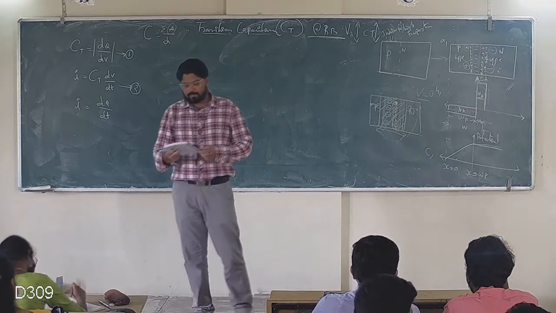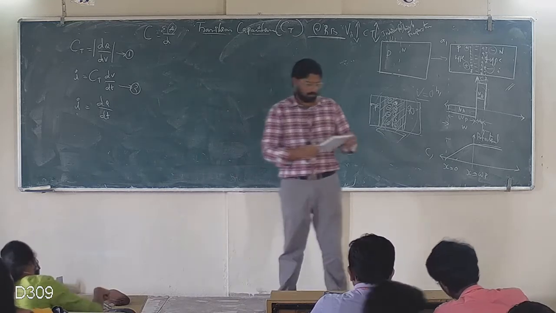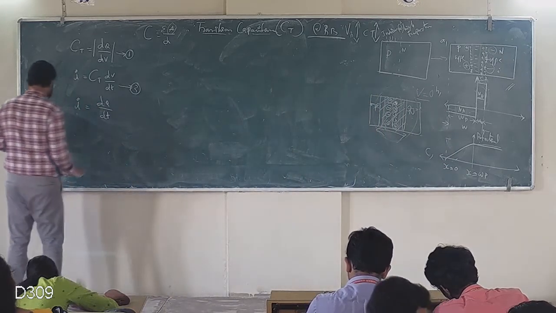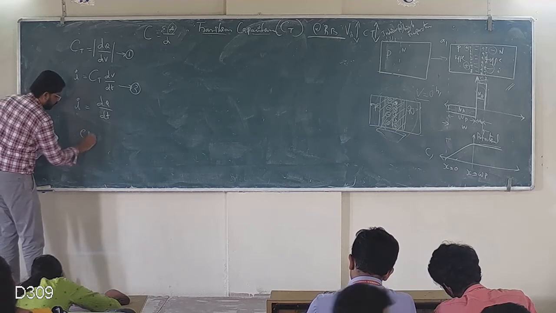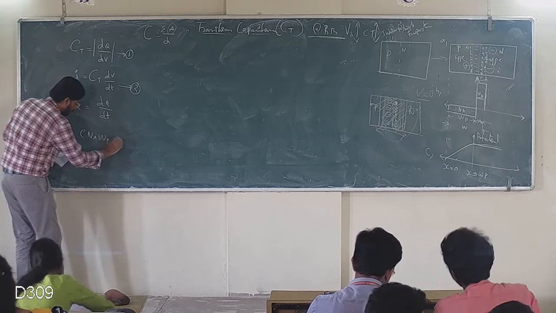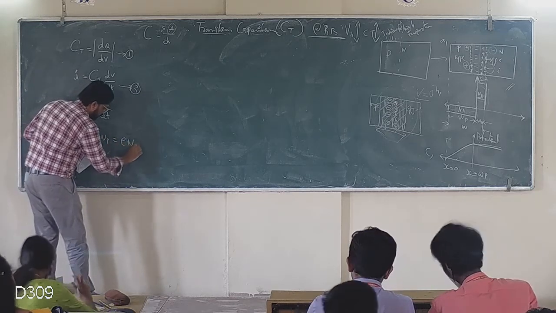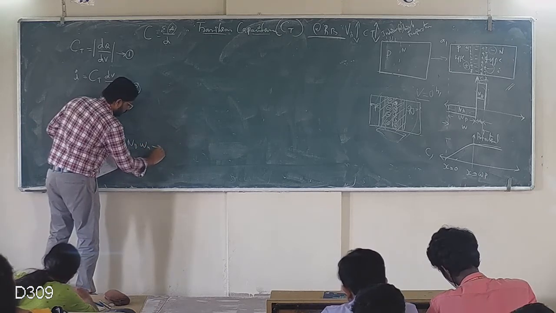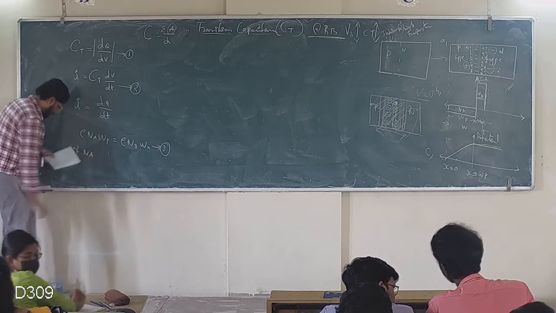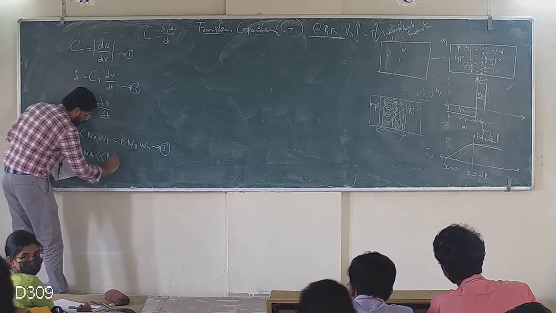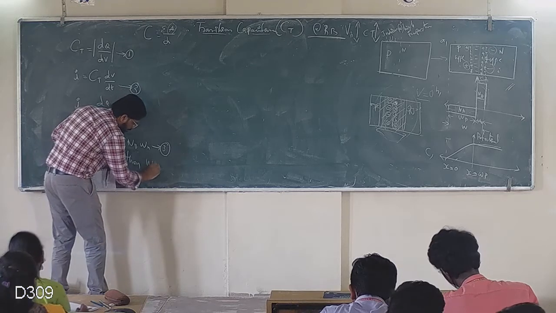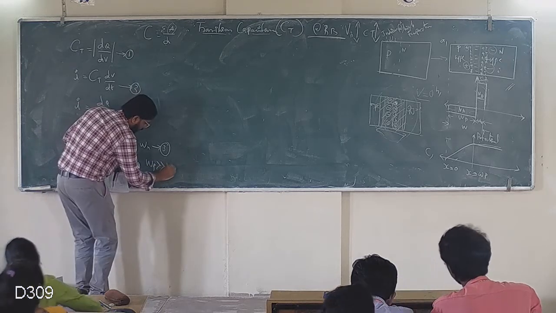Consideration: since the net charge must be zero, thus q Na Wp equals q Nd Wn. If Na is much lesser than Nd, then Wp is much greater than Wn.